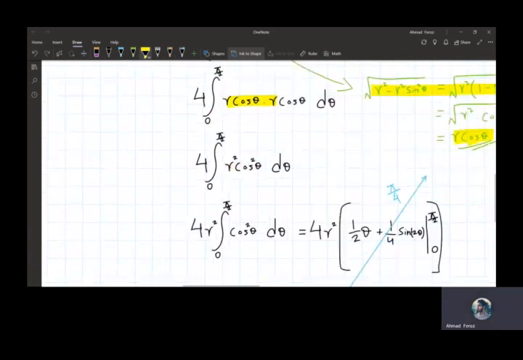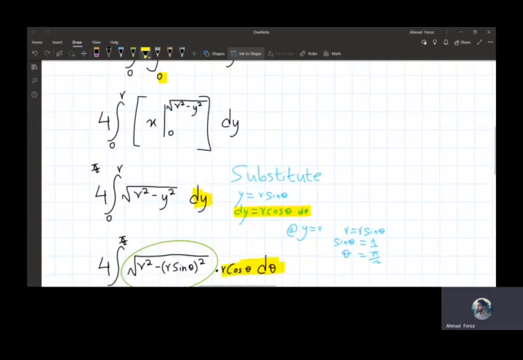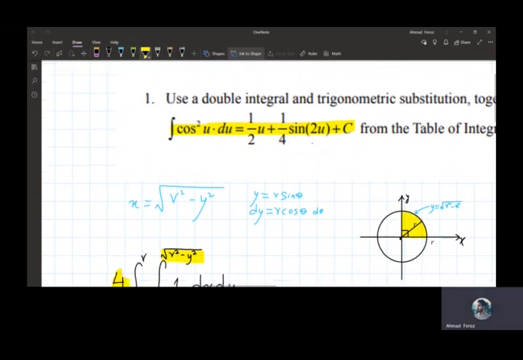Moving on, we eventually reach r squared cos squared theta. Since r squared is going to be a constant, we can take that outside of the integral and just integrate cos squared theta. By the table of integrals, the integral of cos squared u is half u plus 1 upon 4 sine 2u.